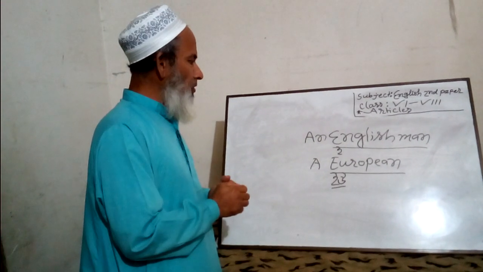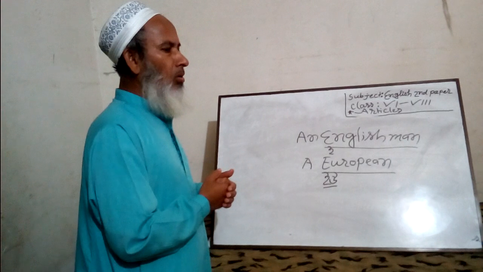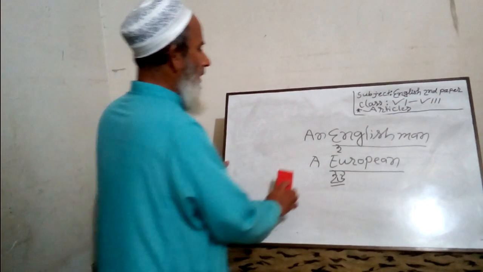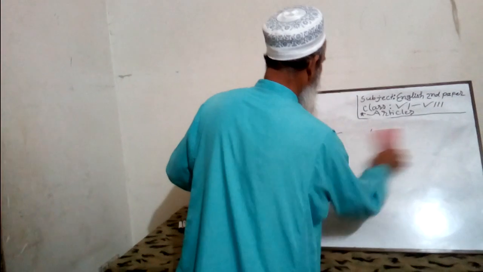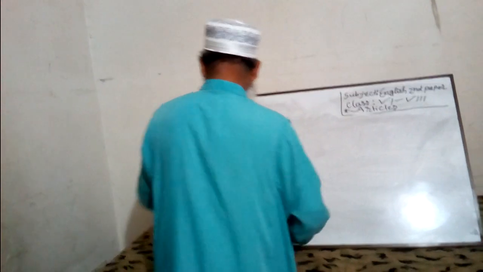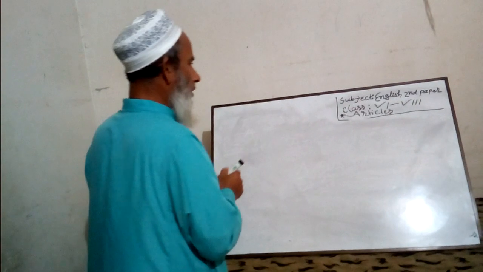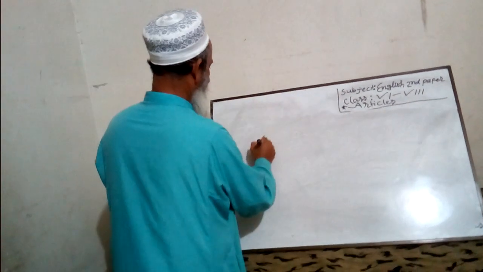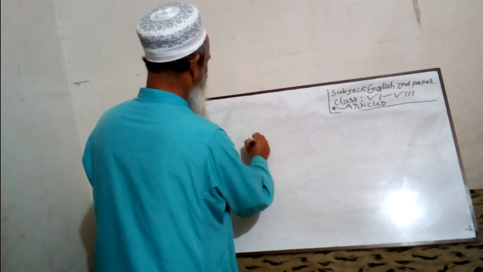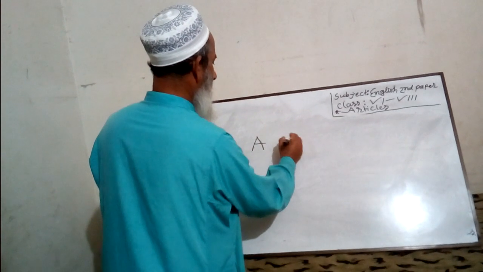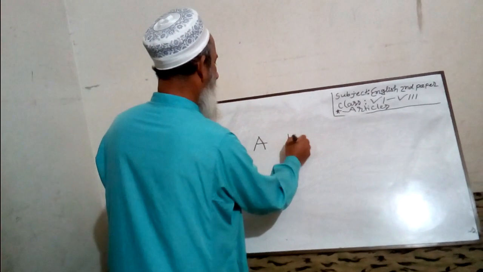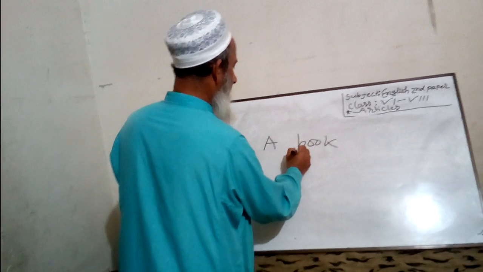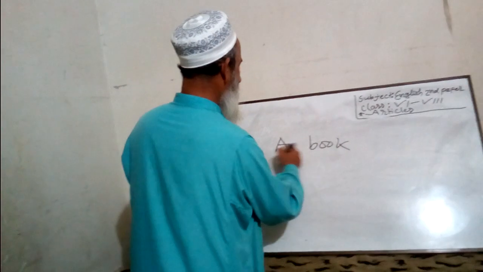Not always depends on vowels or consonants. This is applicable in case of consonants also. Now we will see the use of a. We know that a is used before consonant. A book. Here the first letter is B. That is why we use a.